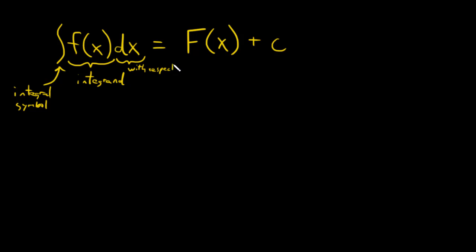It's what you're differentiating with respect to, that you're anti-differentiating with respect to the variable. This right here is called the antiderivative. And this right here is our constant. But not just a constant, it has a special name. It's the constant of integration. And you're going to get sick of me saying constant of integration to you.